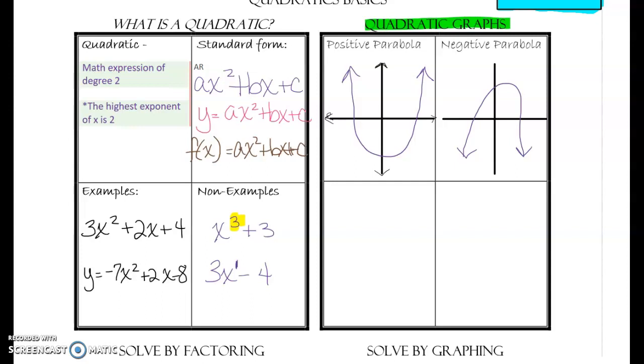Okay, so let's describe these. All right, so a positive parabola, I'm just going to type this information in here. A positive parabola, we could say it's smiling. We know that it opens upward.